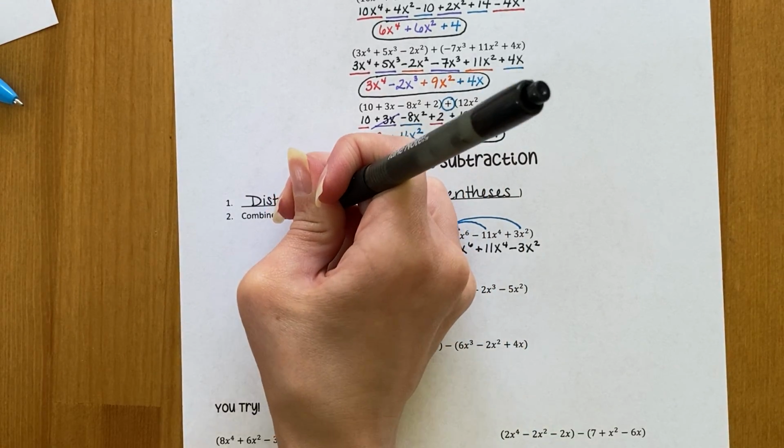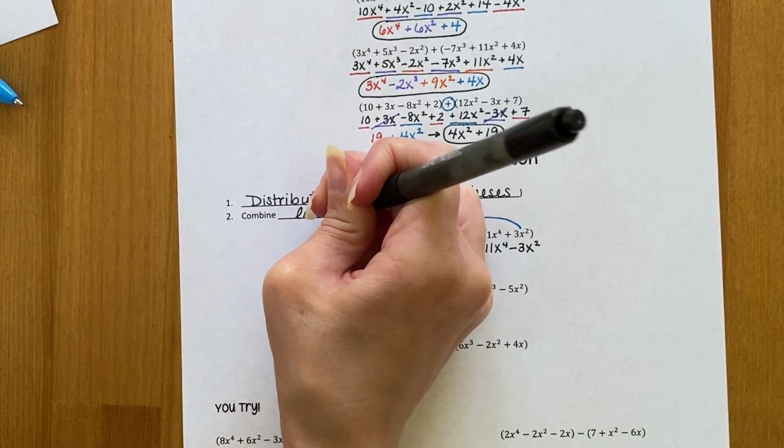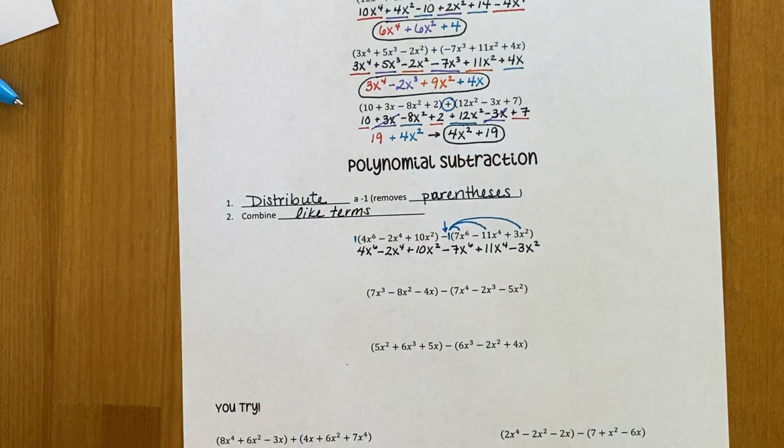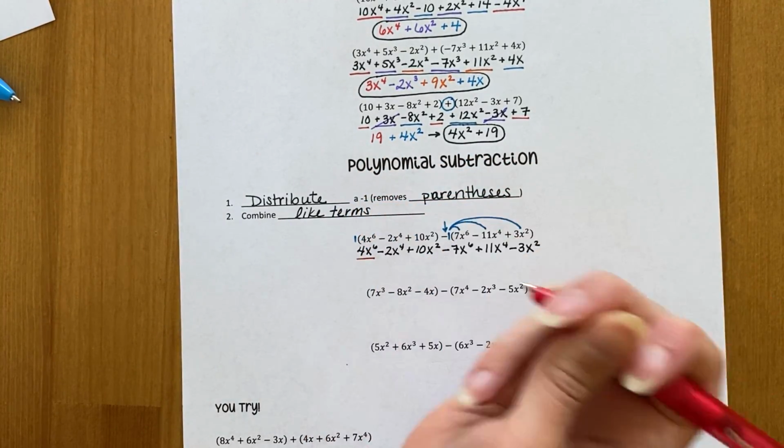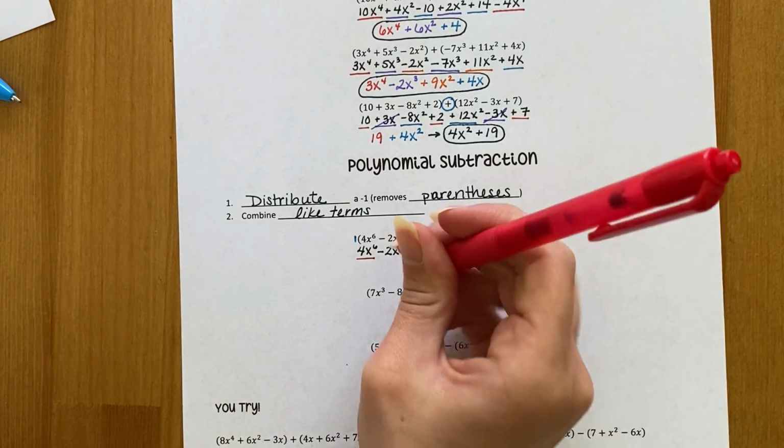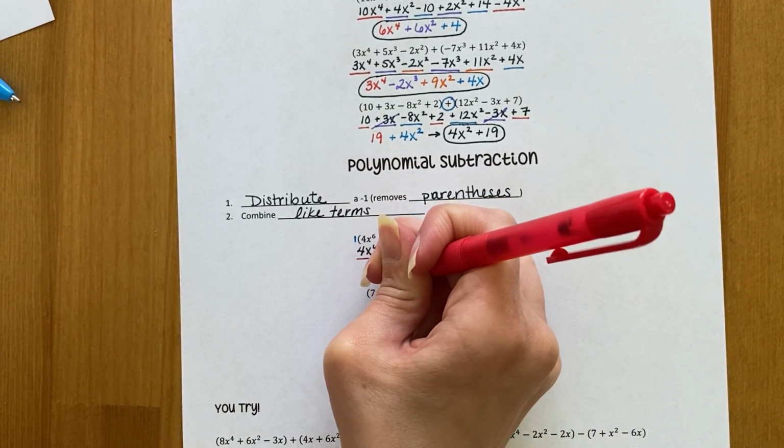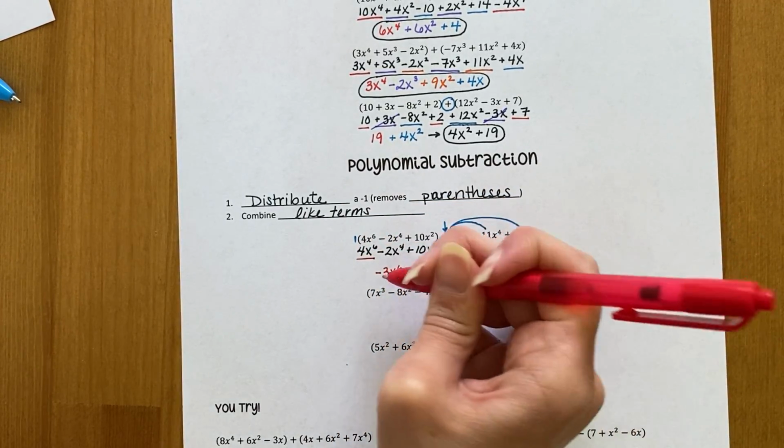All right, our second step is the same as in polynomial addition. We're just going to identify and combine like terms. So I'm going to go through and check out what I have. I have 4x to the 6th and -7x to the 6th, which will make -3x to the 6th. So 4 minus 7 makes -3.